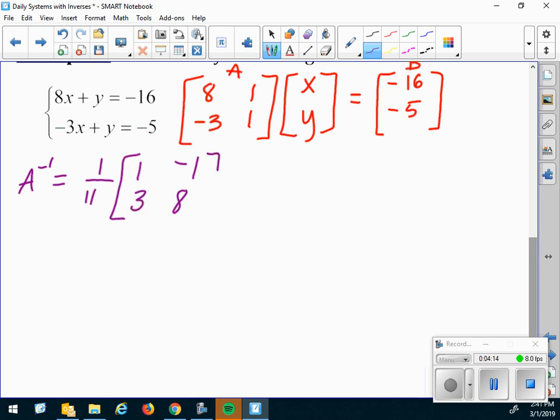Perfect. So, what do I do with that 1/11th? Good. I multiply it or I distribute it. That's fine. Same thing. What's 1/11th times 1? Good. Keep going.